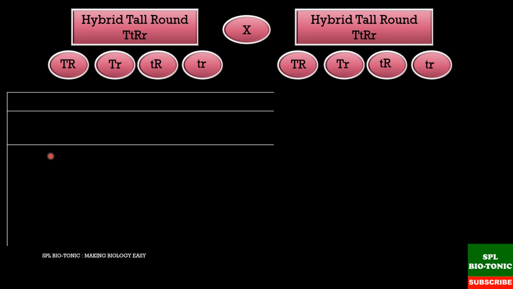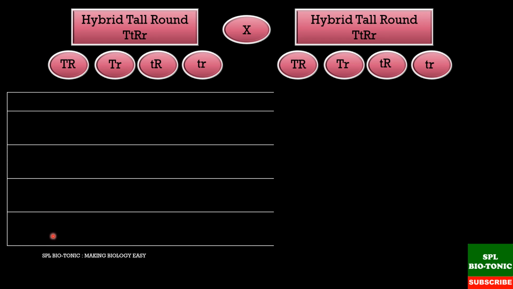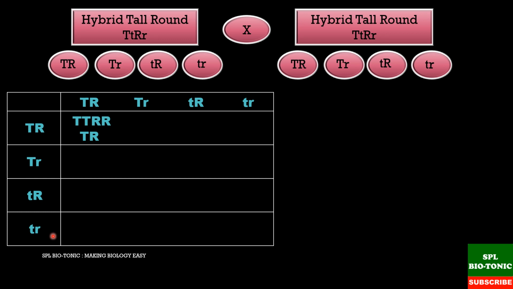Now we'll understand these 16 offsprings with the help of this checkerboard. In the checkerboard, we write the gametes of the female parent on the horizontal axis and the gametes of the male on the vertical axis. Now during fertilization, what will happen? The first male gamete fuses with these 4 different types of female gametes and results in the formation of these 4 offsprings.